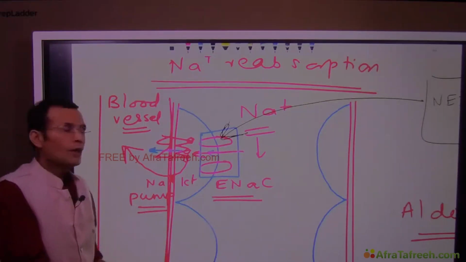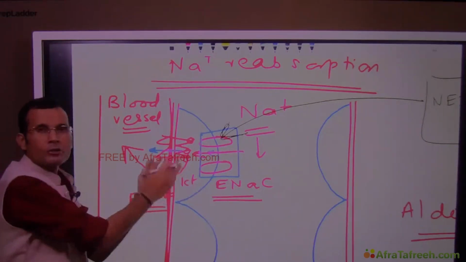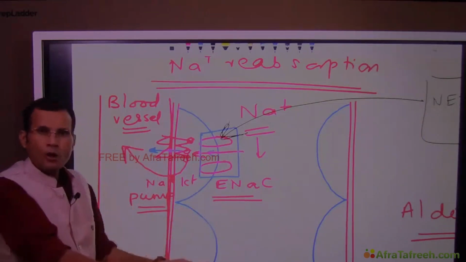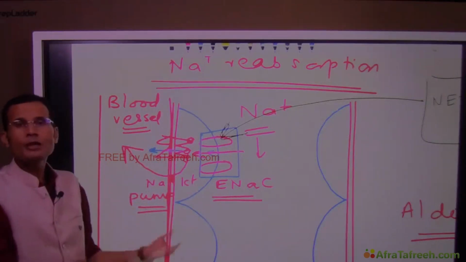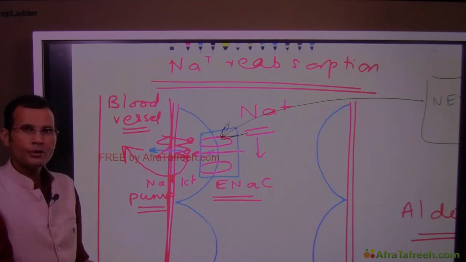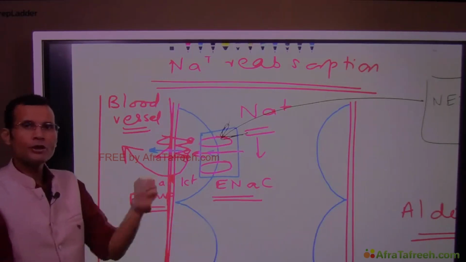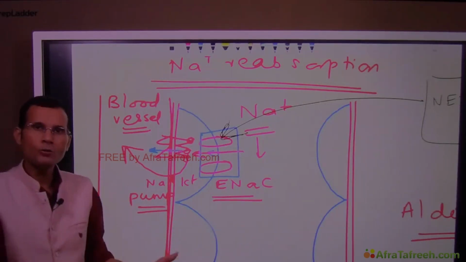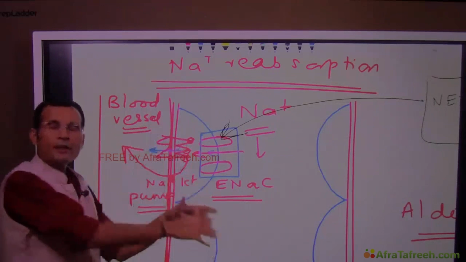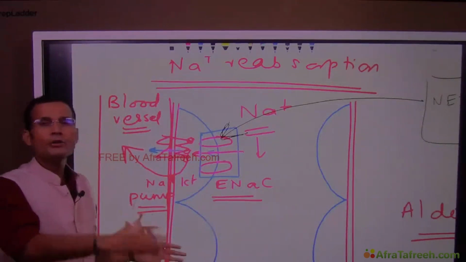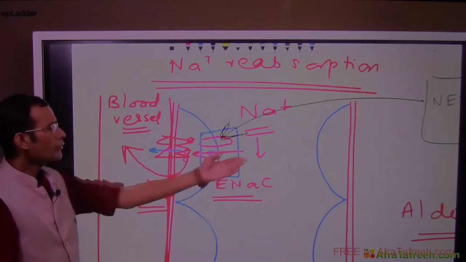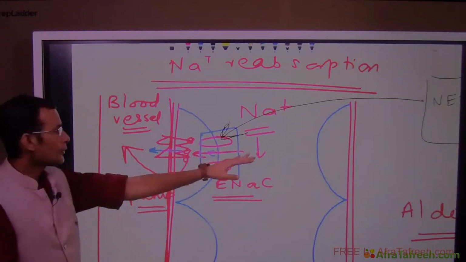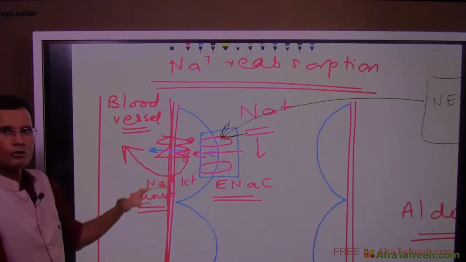Which means this ENaC, the epithelial sodium channel, will stay on for longer duration in the membrane and sodium reabsorption will increase. What was the point? Aldosterone increases sodium reabsorption. How? By allowing the ENaC to stay for longer duration in the membrane as long as aldosterone is acting, and that will allow the sodium to be moving across the membrane.